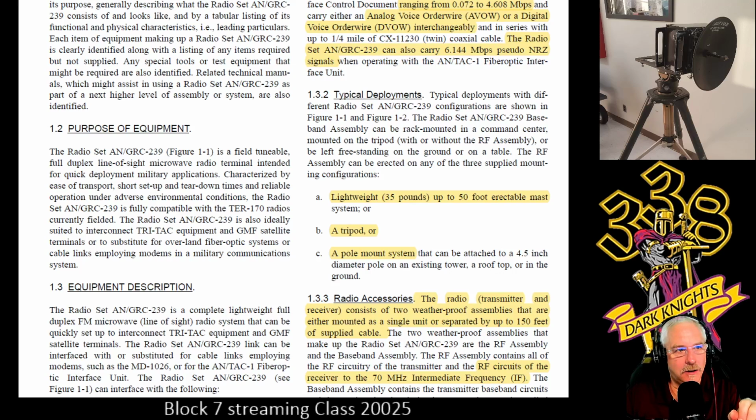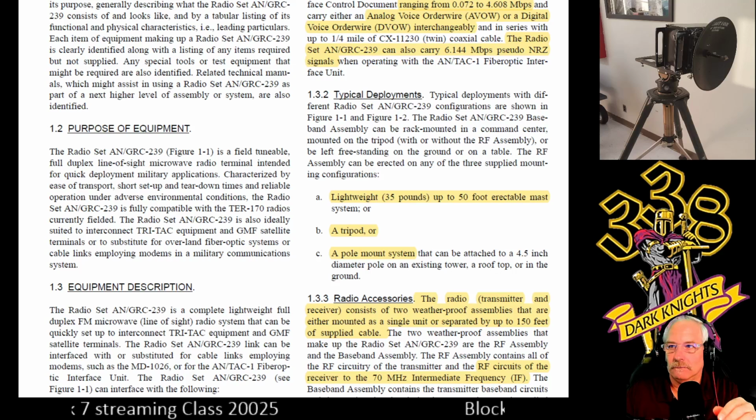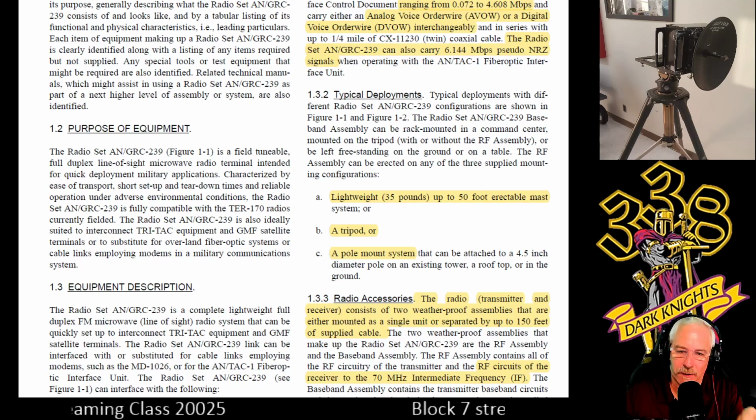So, one of the things that we tell you about the mast is you can put what's called the RF assembly, which comes with the mast, the RF and the baseband assembly, on the mast, but you can only put it with the 1-foot dish.